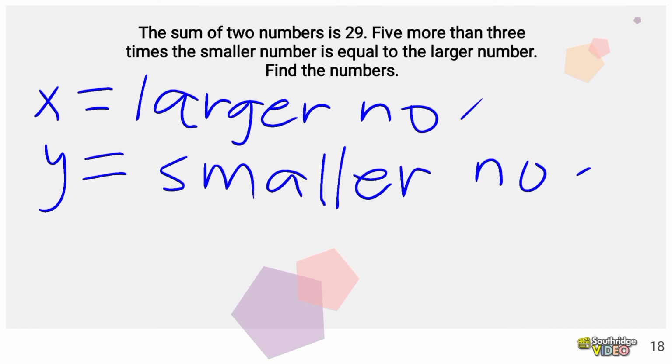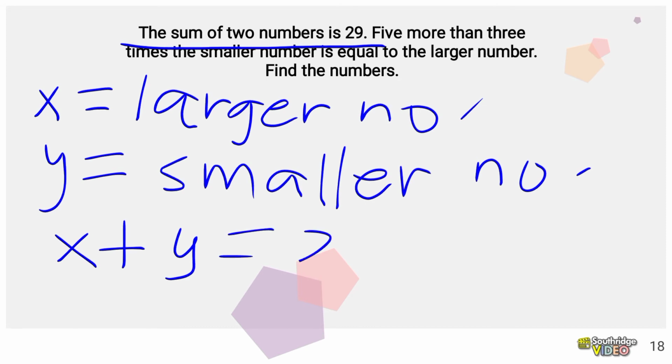If we translate the first statement into an equation, that will be x plus y equals 29. This will be our equation number 1.